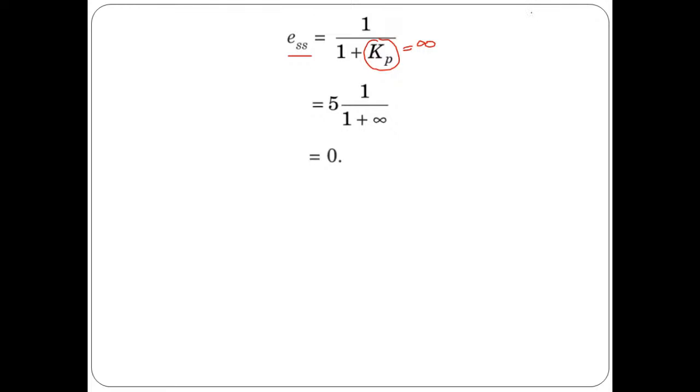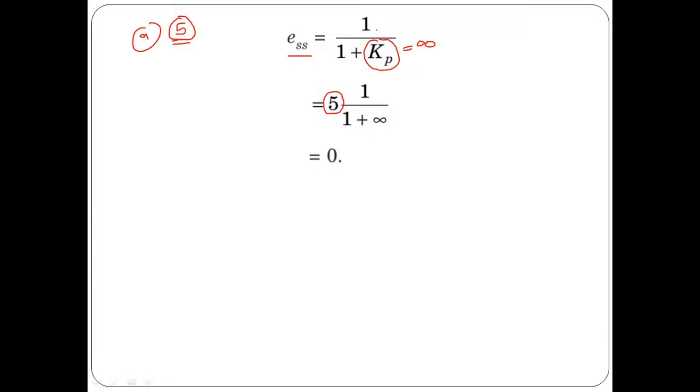That means in case of type 1 system, whenever we excite that particular system by a step input, where in this particular case the value of step input, which is the first case, is nothing but 5. So it is not a unit step, it is a kind of step input where the magnitude of that particular function is 5. So that 5 we have taken over here. Rest of the thing is as it is.